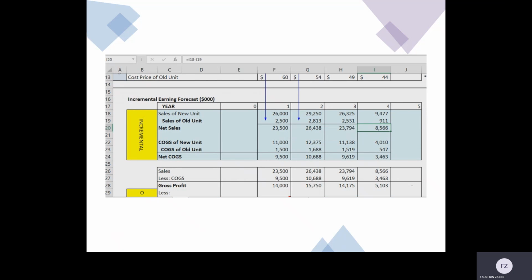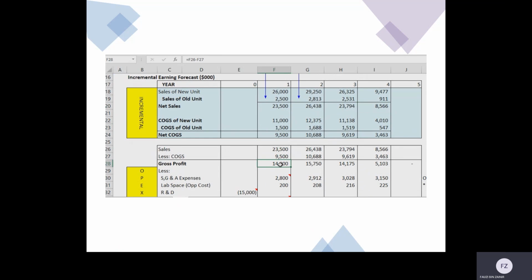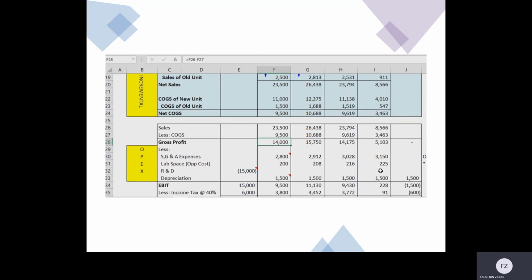All in all, the effects here basically affect all the gross profit. All the numbers trickle down from the sales and cost of goods sold, so it affects the gross profit: 50,000,075 for the second year, 14.17 for the third year, whereas for the fourth year it is 5.1 million.